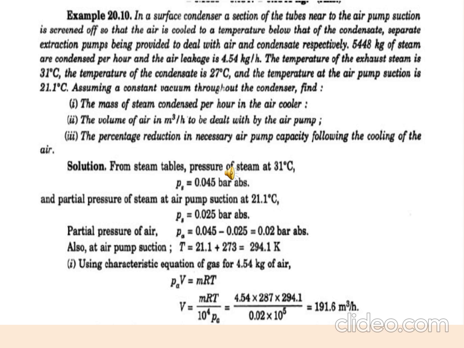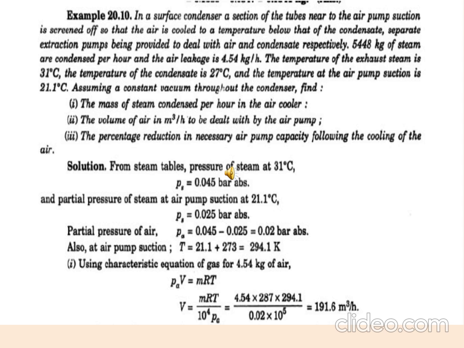So next question we will discuss. In a surface condenser, a section of tubes near to the air pump suction is screened off so that the air is cooled to a temperature below that of the condensate, separate extraction pumps being provided to deal with the air and condensate respectively. 5448 kg of steam are condensed per hour and the air leakage is 4.54 kg per hour.